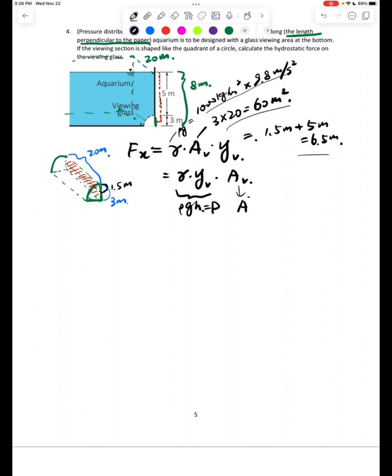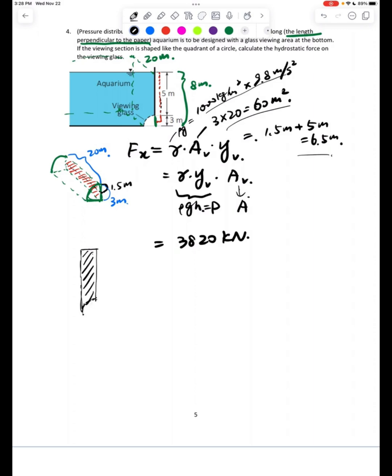So the final answer for this should be around 3,820 kilonewtons. Then we need to calculate Fy. For Fy, we said we always need to draw the diagram, right? A free body diagram. So the free body diagram connects the curved surface with free surface, and we need to calculate the weight here.